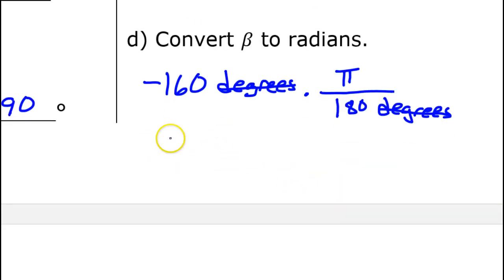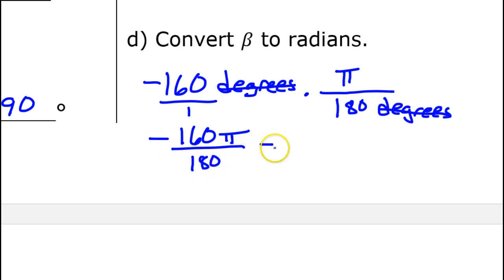Now it's just a matter of simplifying this. I have negative 160 in the numerator, because this is like over 1, and then I have pi, all over 180. It's really just a matter of reducing this as far as I can. If I divide both of these by 10, the zeros will go away.